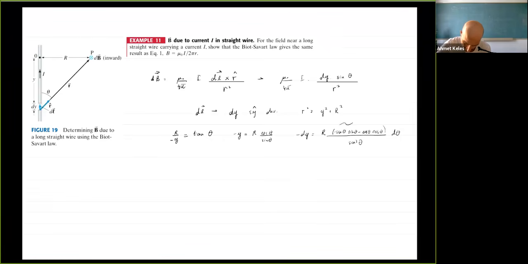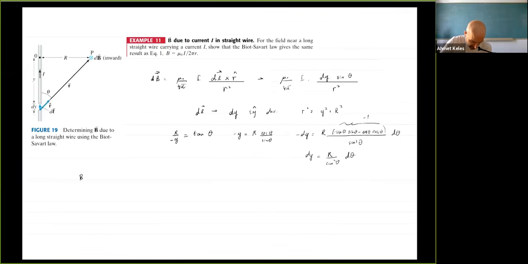So this whole thing is minus 1. So my dy is equal to R over sine squared theta d theta.